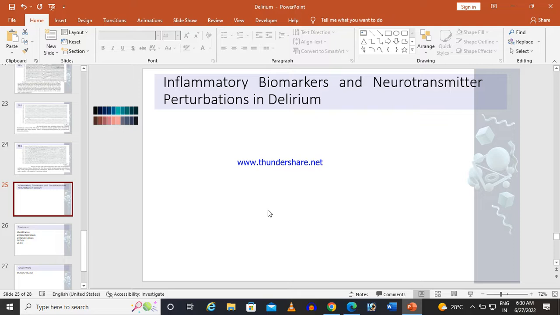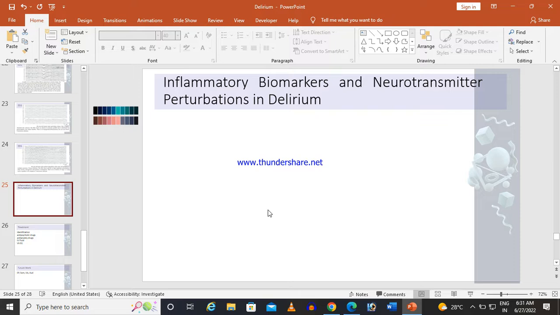There was a close association of inflammatory biomarkers like blood counts, CRP, that is C-reactive protein, and ESR. They significantly changed in case of delirium, and there is a significant perturbation in neurotransmitter fluid also, because you know neurotransmitter fluid, when the electrical signal passes from neuron to neuron due to some event, excites a particular area of our hypothalamus.